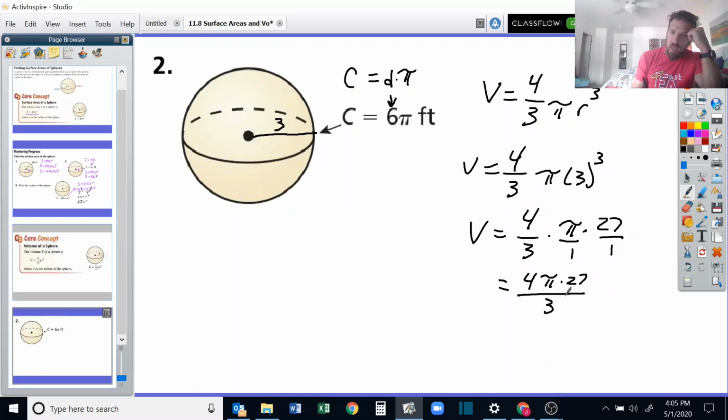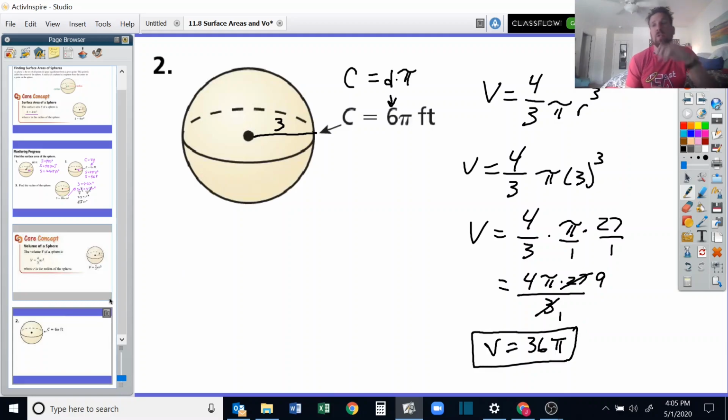So that's 3. This can simplify because 27 divided by 3 is 9. So we're simplifying both top and bottom by dividing by 3. Now on the numerator, all I have left is 9 times 4 times pi. So that's 36 pi as the volume of that sphere.